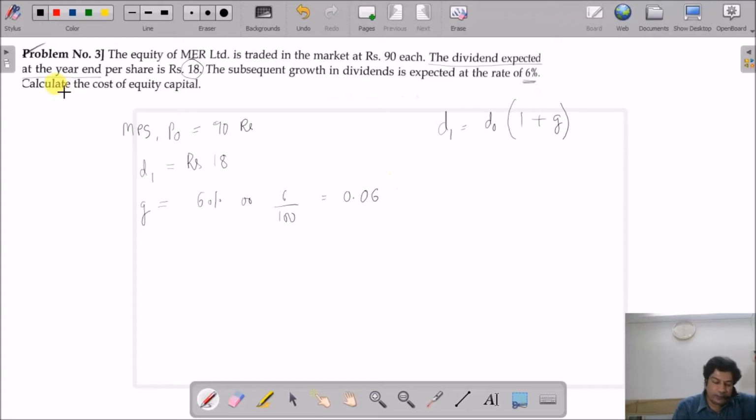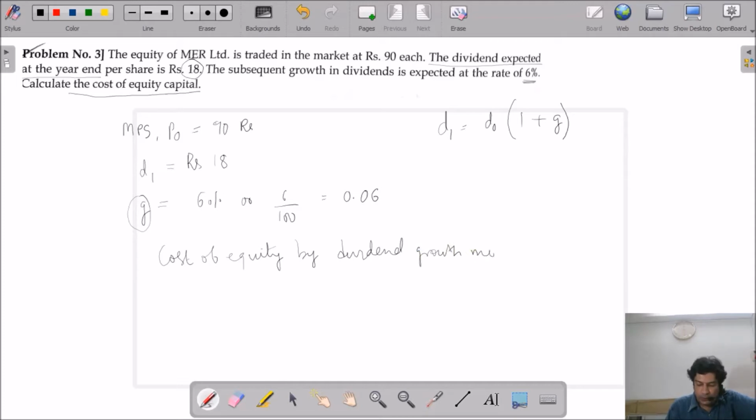Now in this sum they are telling you to find the cost of equity. It is but obvious, since there is a growth rate, that we are going to find the cost of equity by dividend growth model.